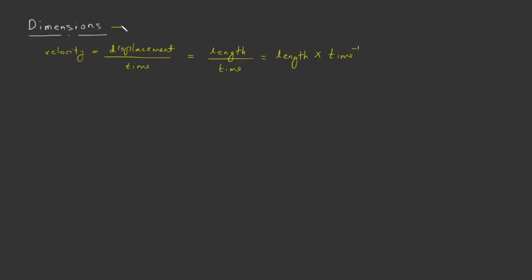So, dimensions of a physical quantity are the powers or exponents to which the base quantities are related to represent that quantity.